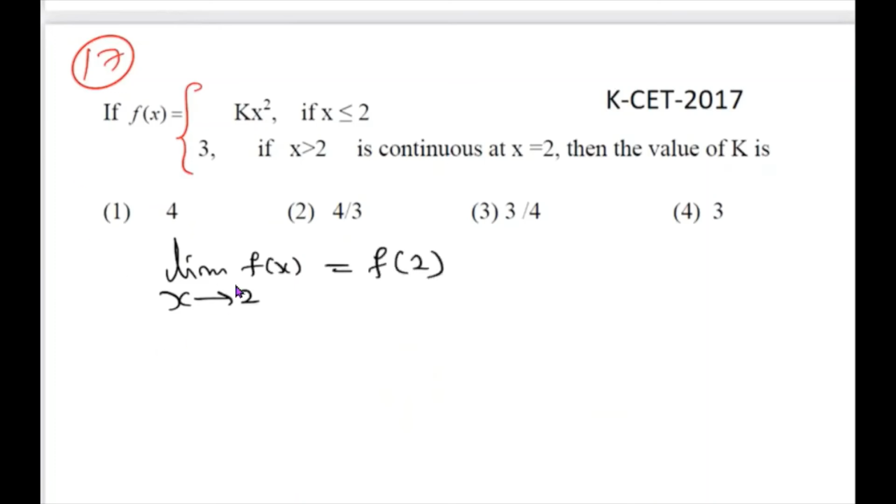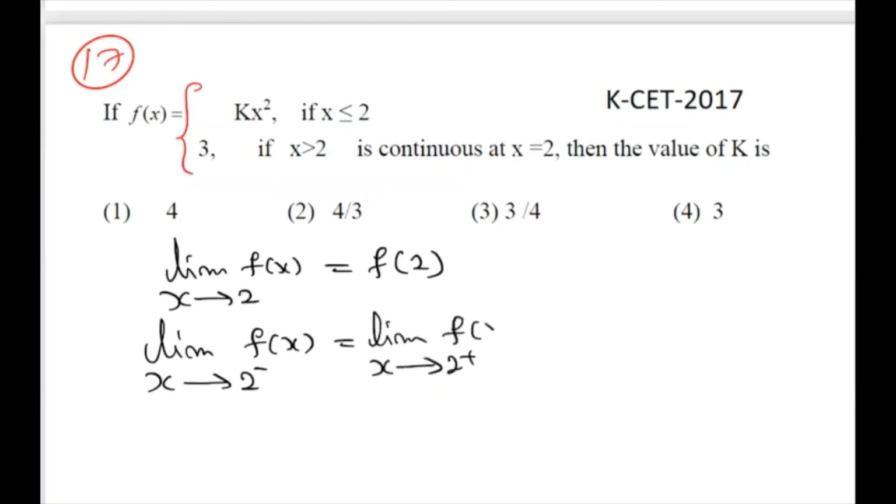So when the limit of the function is defined, then left hand limit and right hand limit both are defined and they are equal. In particular, they are equal to f of 2. You can write this as left hand limit x tends to 2 minus f of x, right hand limit x tends to 2 plus f of x and f of 2.